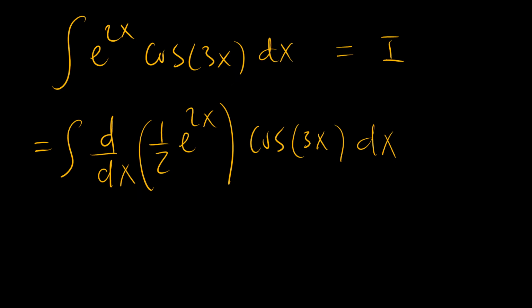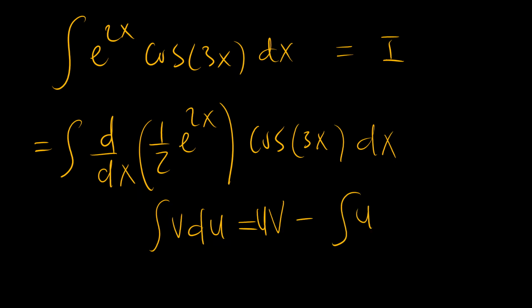And then now we can use integration by parts, where if you have a function that consists of a product of a function v and the derivative of a function u, when you integrate that, we have the product of u and v minus the integral of u and the derivative of v.